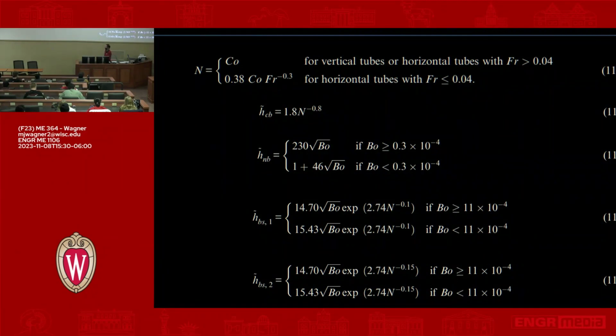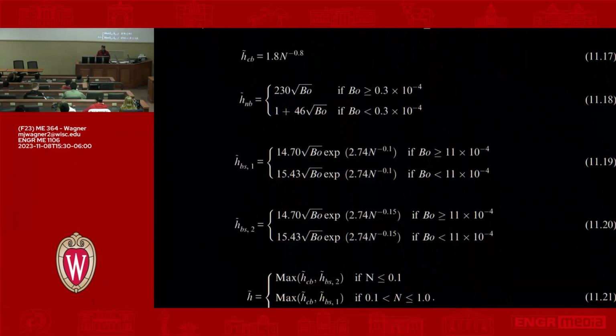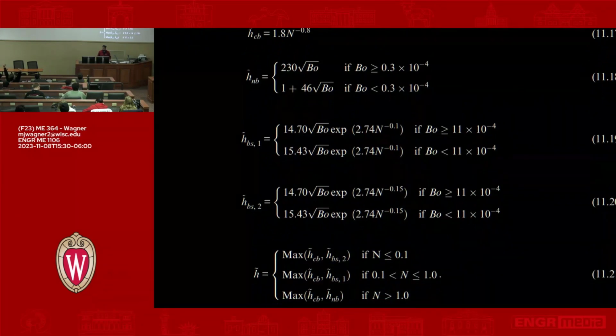Is the Froude number greater than 0.04? If not, do something else, right? Then I compute this h_cb, and then I compute this h_nb for all these different possible scenarios. So if the boiling number is within a certain range, I do one thing versus the other. Or you just go through these steps.